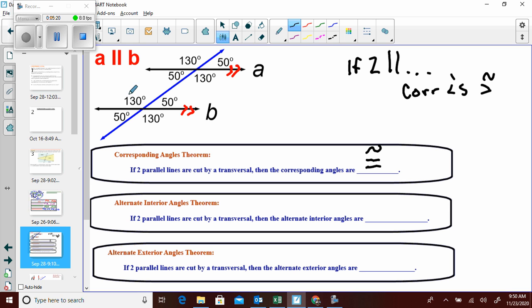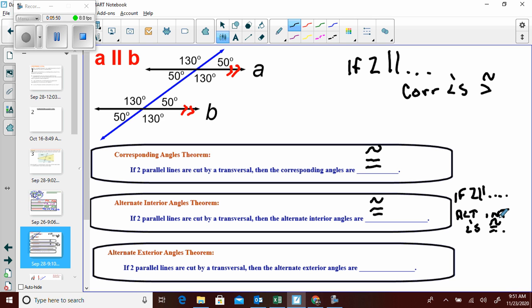Alternate interior. So interior, it has to be these four. If they're alternating, 50 and 50, 130 and 130. Same thing. Alternate interior angles are congruent. Again, if two parallel lines, alternate interior angles are congruent. There's our shorthand for that.